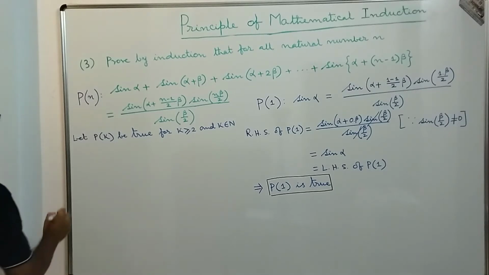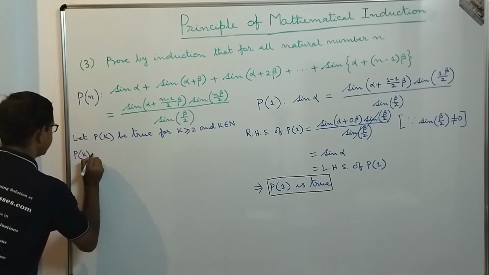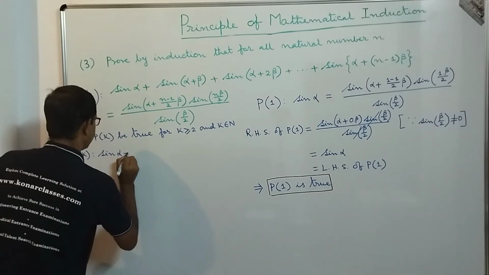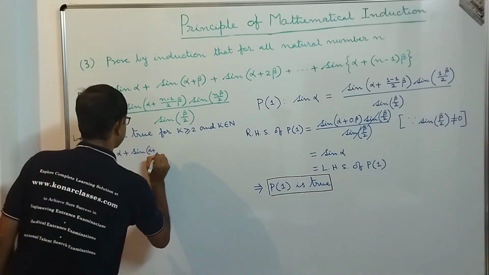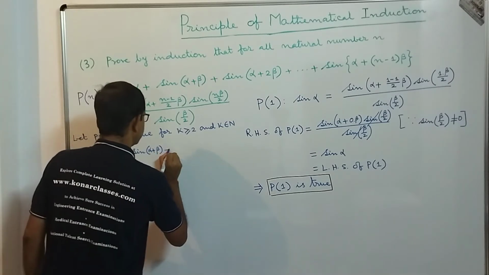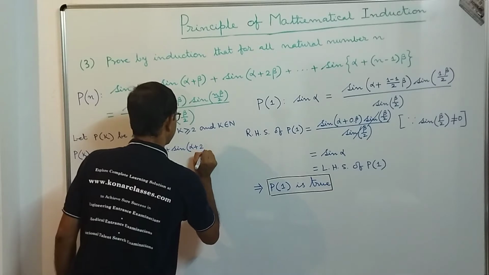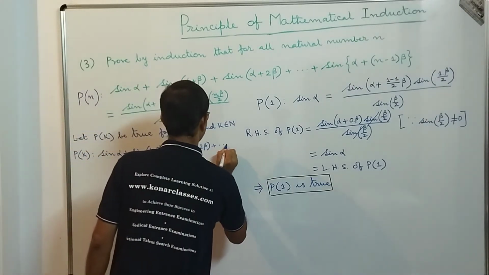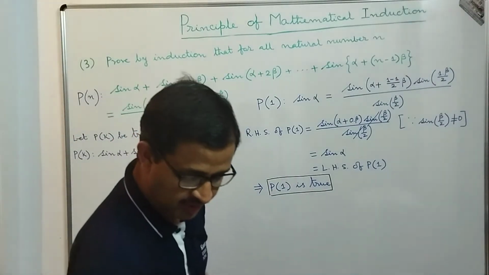So then what can we write, dear students? What is Pk? Pk stands for sine alpha plus sine alpha plus beta plus sine alpha plus 2 beta, and in that way it continues till sine alpha plus k minus 1 into beta.